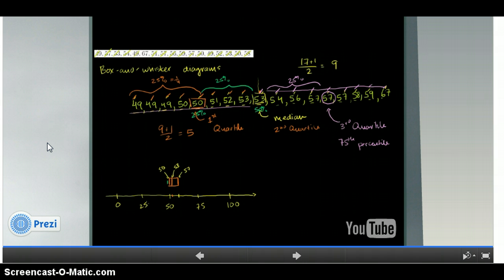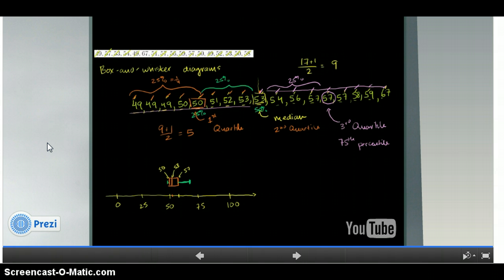I should zoom in on this a little bit. Highest data point is 67, which is maybe right over there. So we draw whiskers. So what a box and whisker diagram is showing us is that most of the data is sitting inside of the box. 50% of the data, this 25% and this 25%, is within this box. But just to get an idea of the range of the data, it shows whiskers to show the low point all the way to the high point.